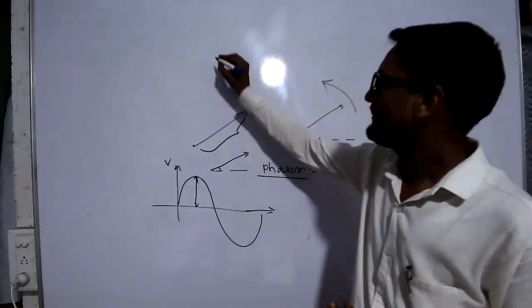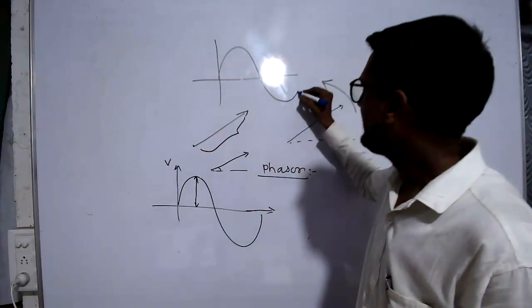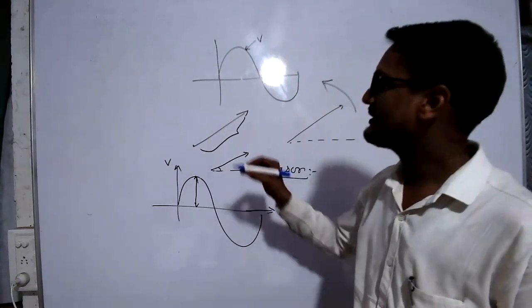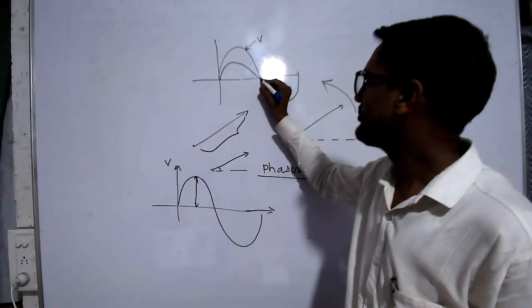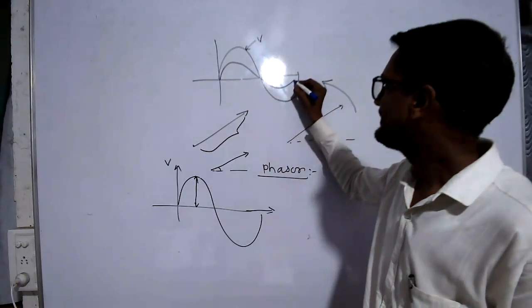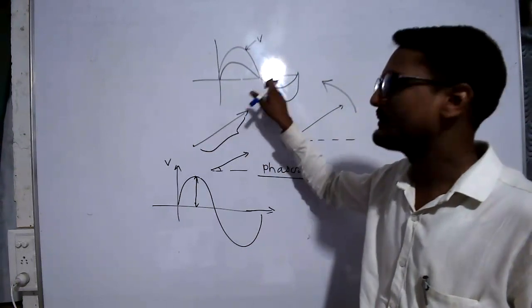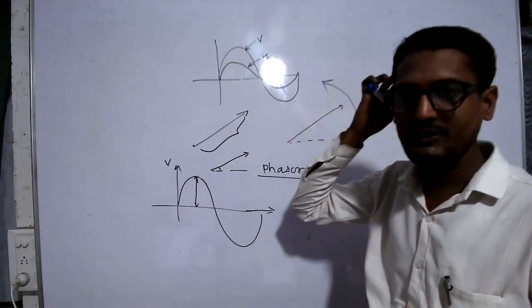If this is the reference waveform made by the voltage, and the current starts from 0 and its crossover point is the same, that means the frequency of current and voltage is the same. This is the waveform for the current.